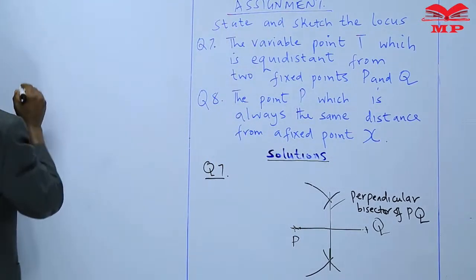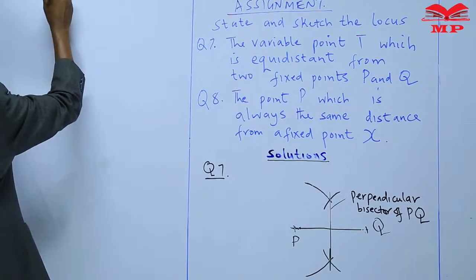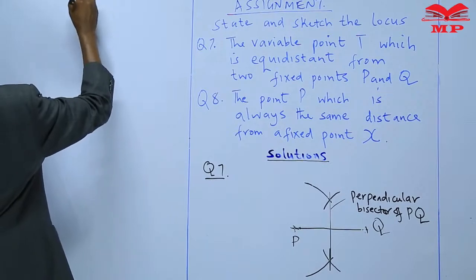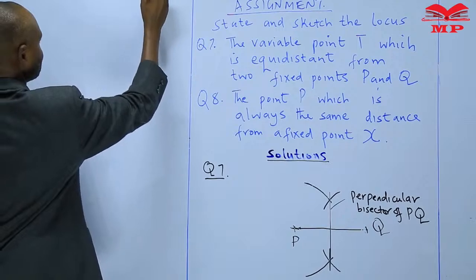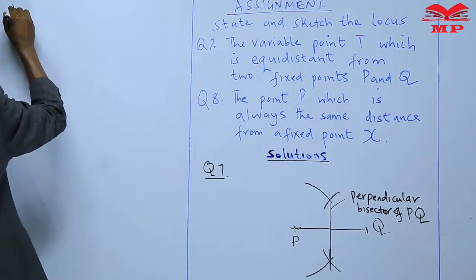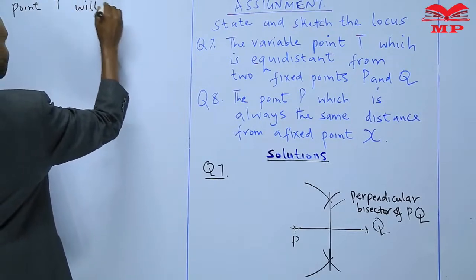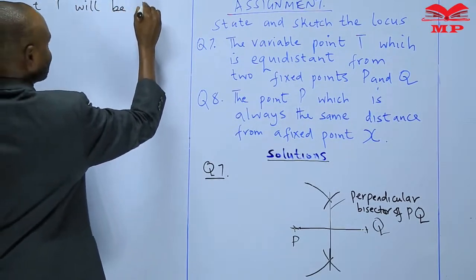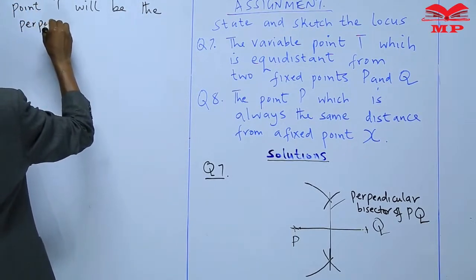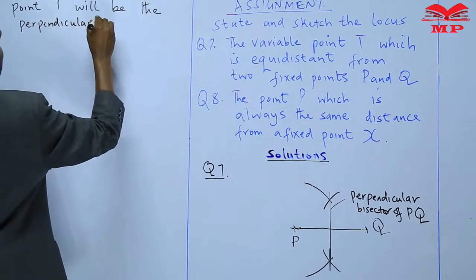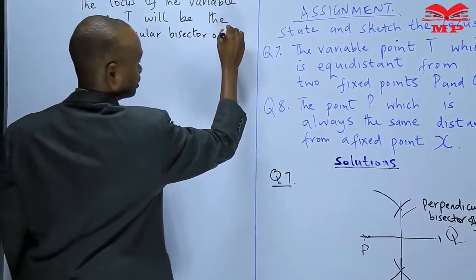The locus of the variable point T will be the perpendicular bisector of PQ.